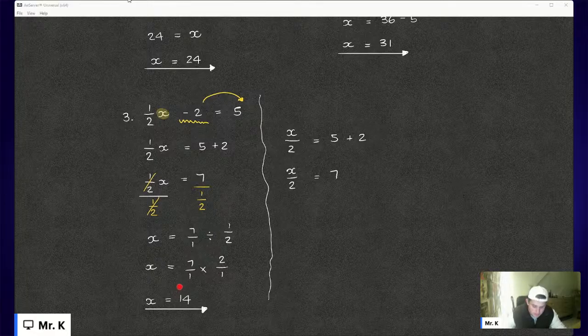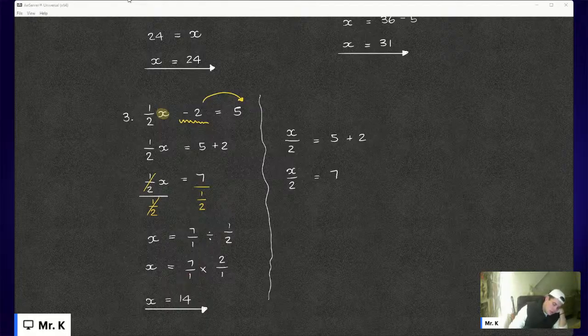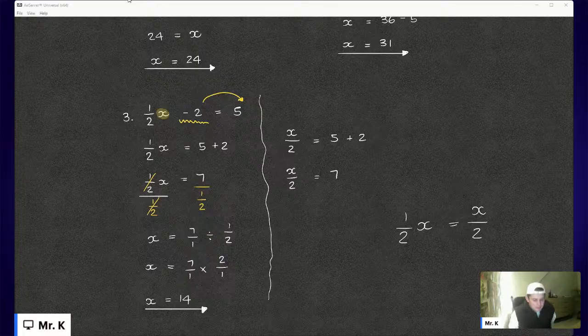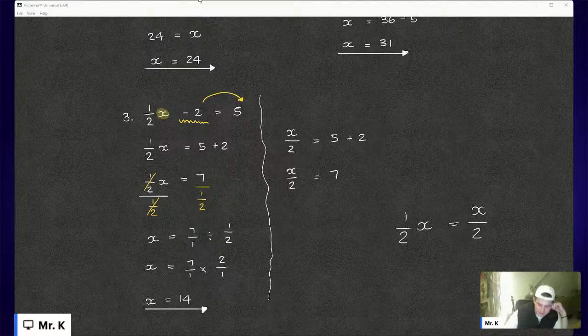But like I was saying earlier, a half multiplied by x is the same as x over 2, right? Halving something is the same as multiplying by a half, right? Dividing by 2 and multiplying by a half are the same thing.